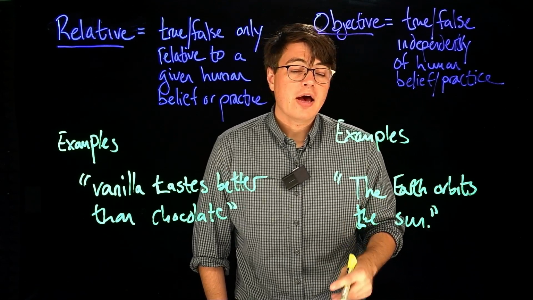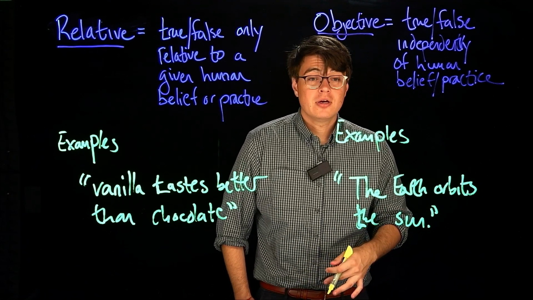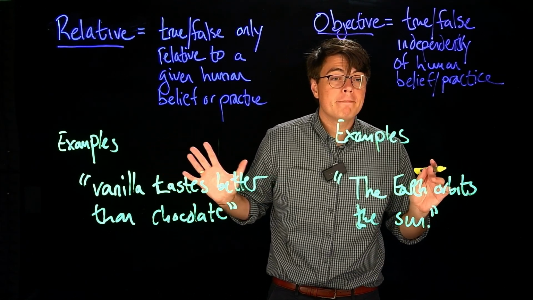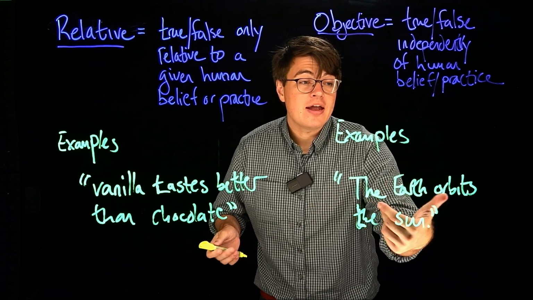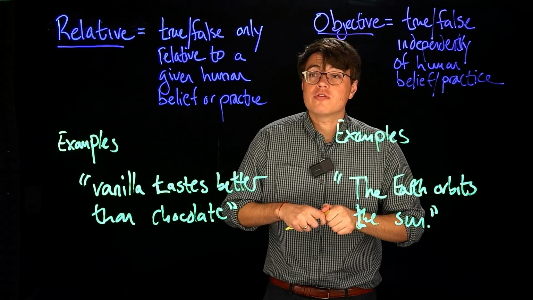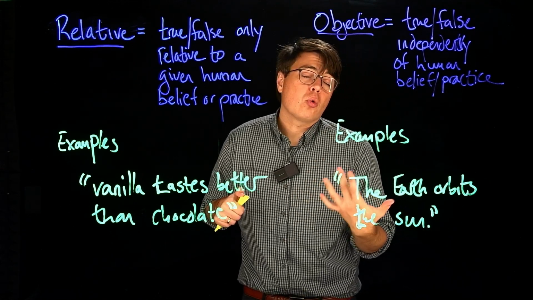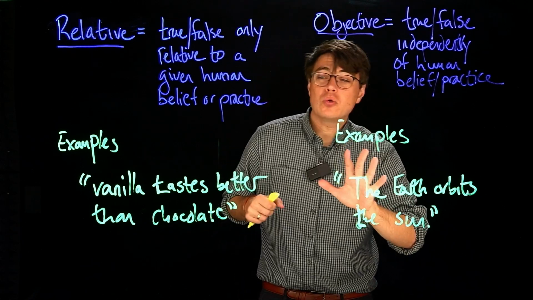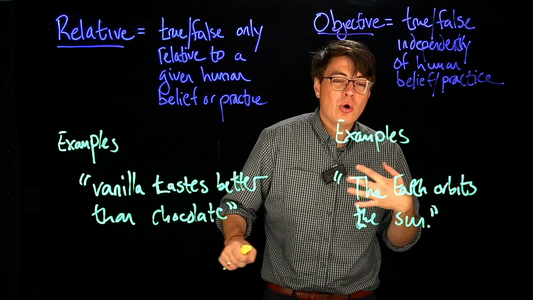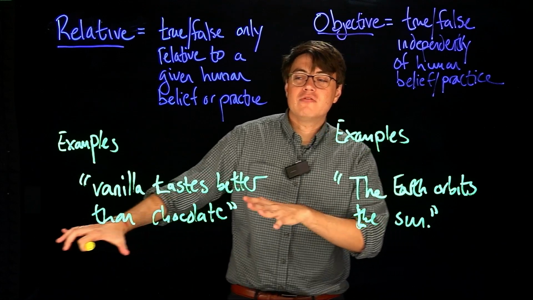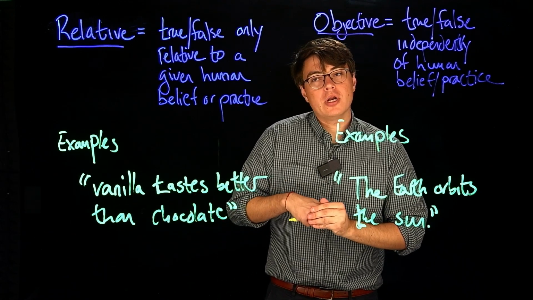That one has its truth value, namely truth, full stop. It is simply the case that it is true that the Earth orbits the sun. It's not that the Earth orbits the sun relative to you, but not relative to me, or that the Earth orbits the sun relative to one culture, but not relative to another.